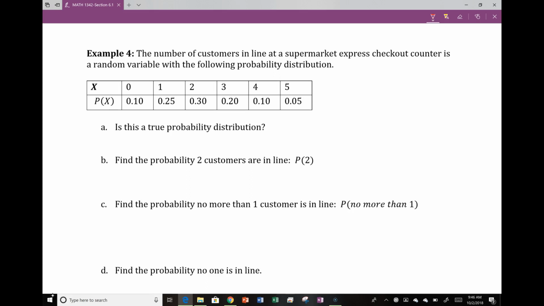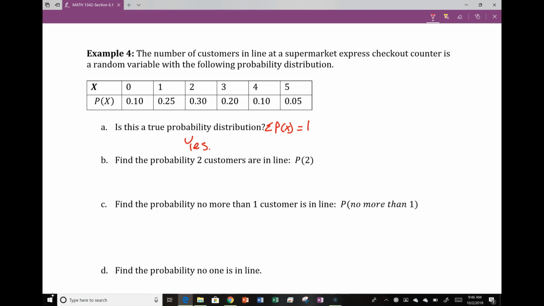The second rule is that the probabilities must add up to 1. Probability of x, we add those up, and what do they equal? So when we add 0.10 to 0.25 to 0.3, 0.2, 0.1, and 0.05, they add up to 1. So yes, this is actually a true probability distribution.